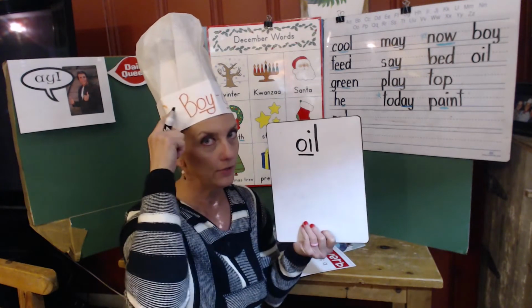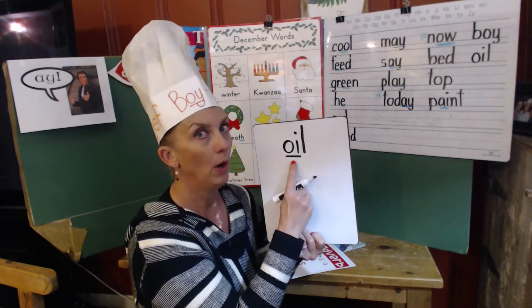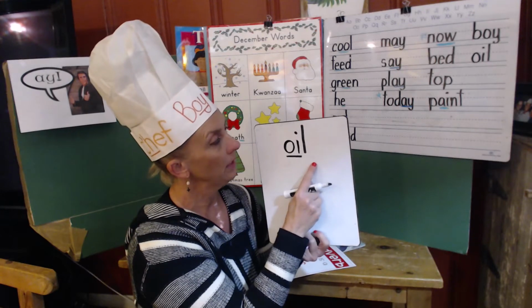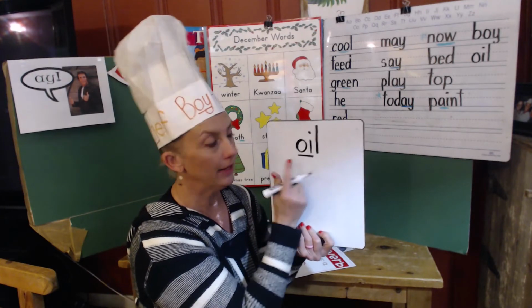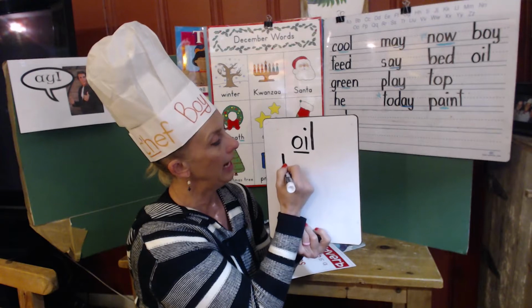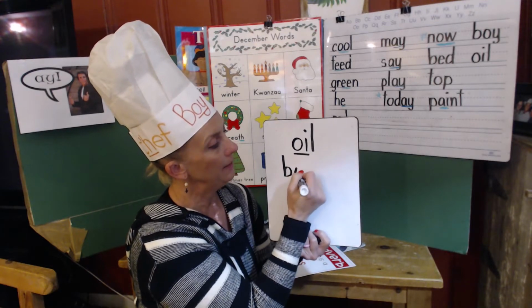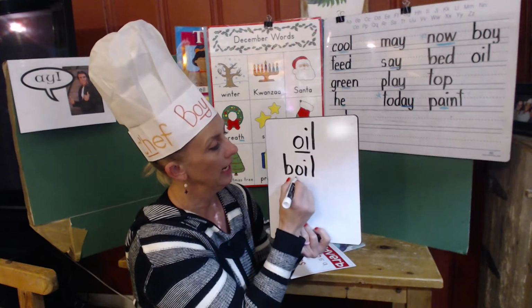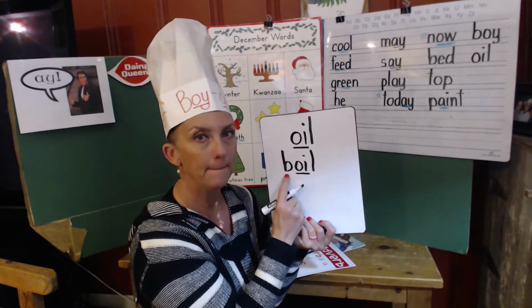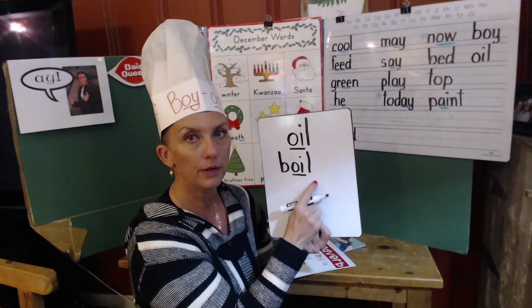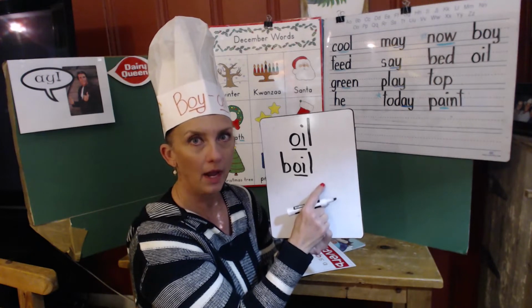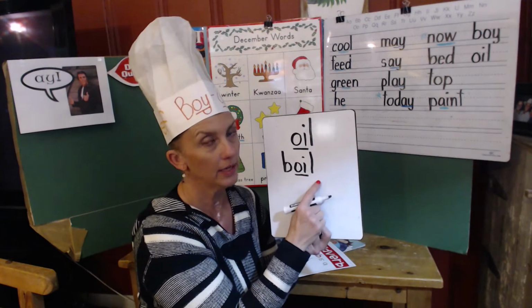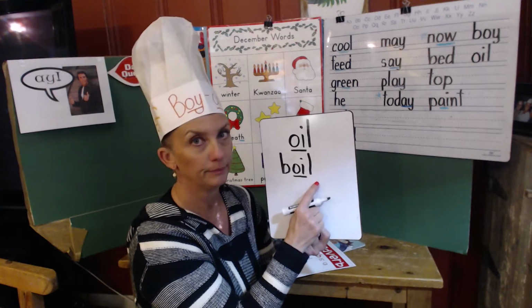Wonder if Chef Boyardee uses some oil. Well, I can also add a letter in front of it. So I'm going to add a B, and I'm going to keep my ending oil, but I'm going to add a B, oil, boil. Wonder if he needs to boil his pasta.